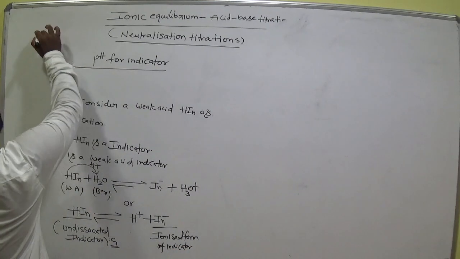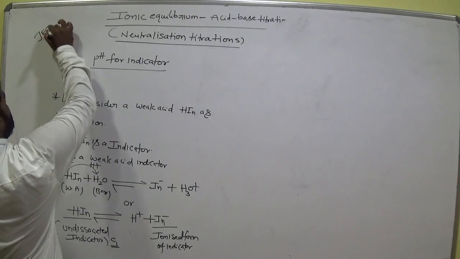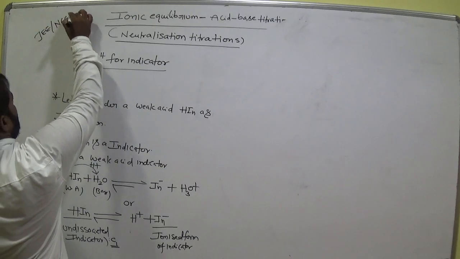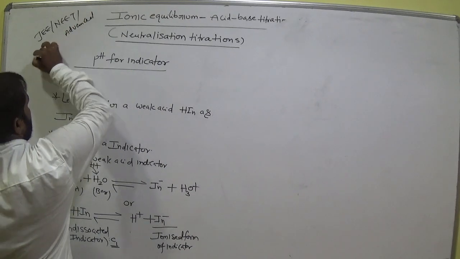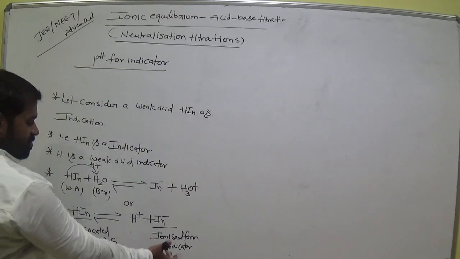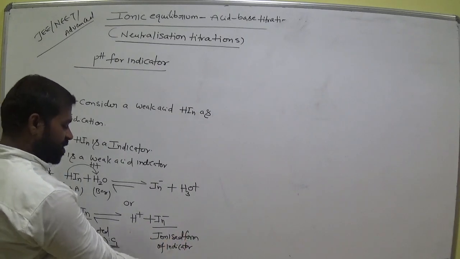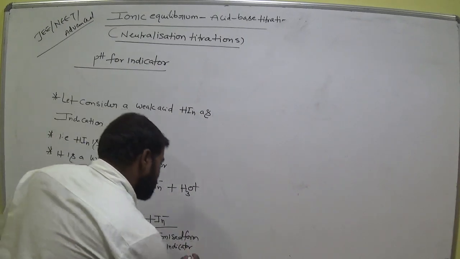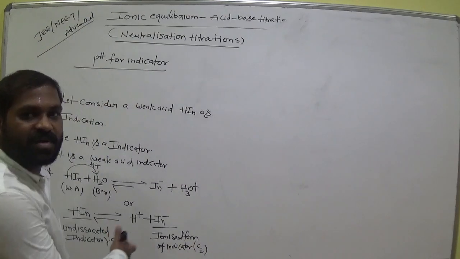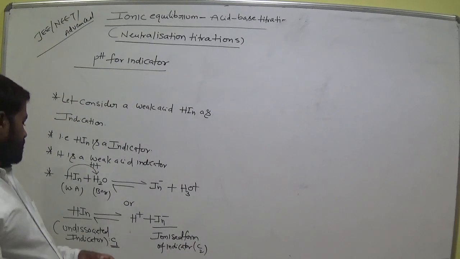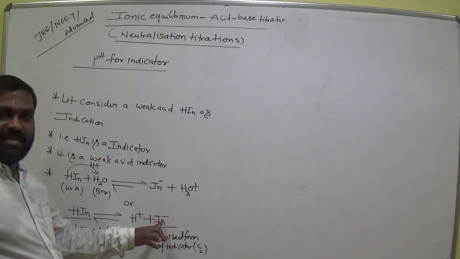Okay. So the ionized form of the indicator also has a particular color, taken as C2. Color 1, color 2. Okay. So the ionized indicator here is In minus.